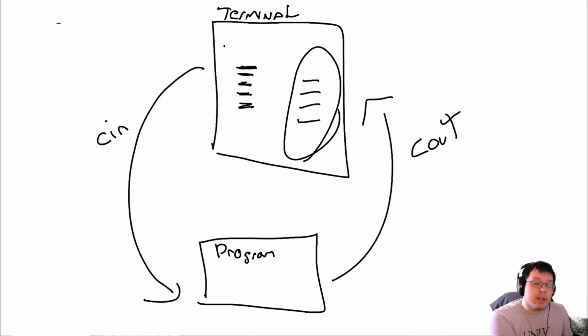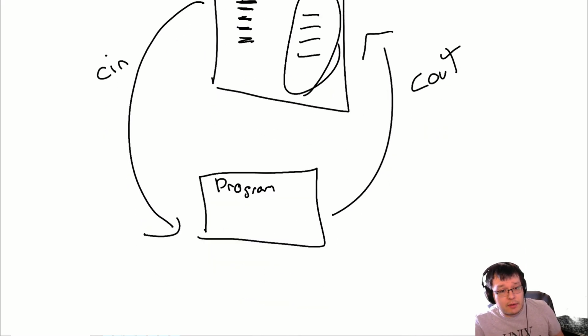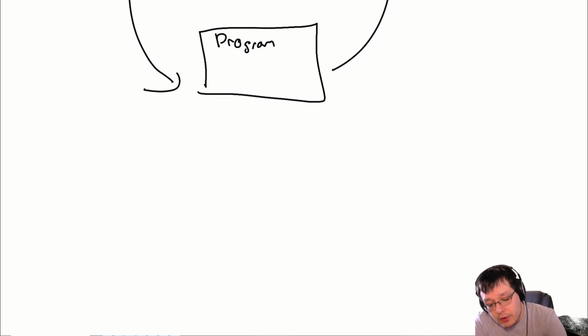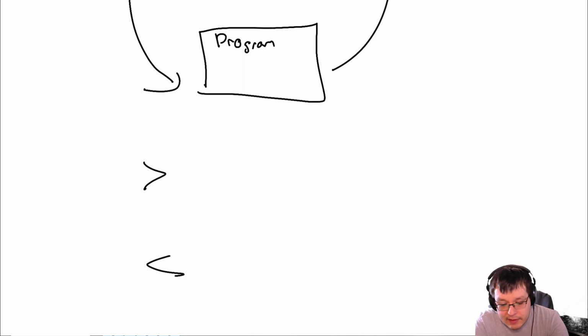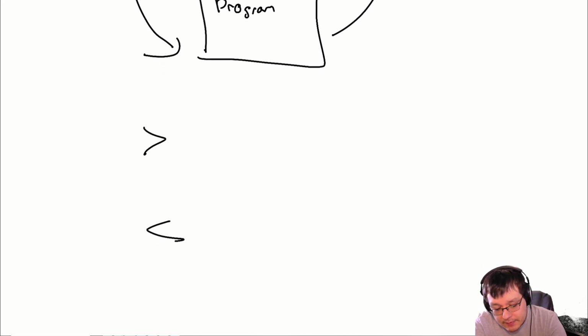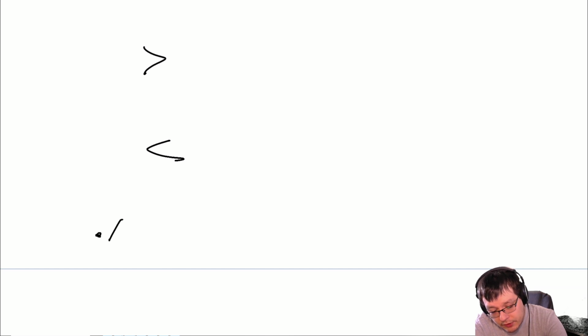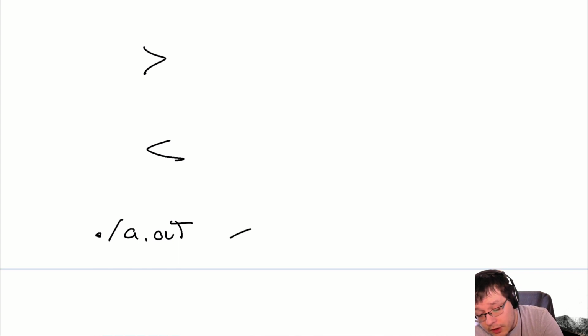And the way you do that is very, very simple. It's just a matter of using the less than sign or the greater than sign. So if you have an executable that is a.out, and you want to save all the output from that into a file so that it's no longer printed on the terminal, but instead it's printed into a file, you're going to use that sign, and then you're going to put a name of a file.